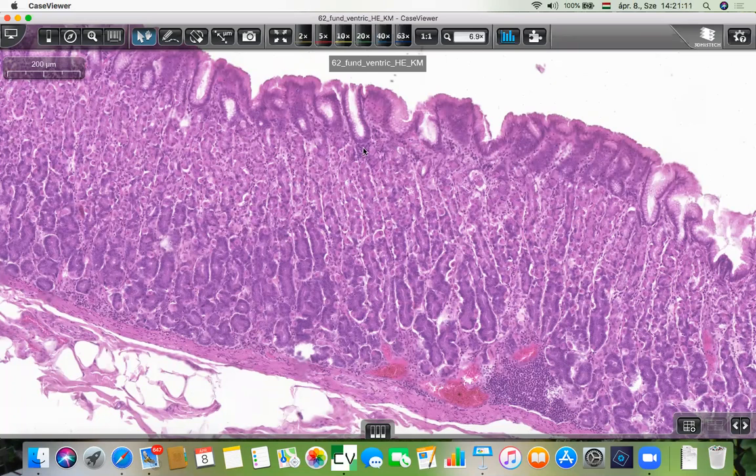The exact beginning after the funnel-shaped pit is called the isthmus, where the lumen of the gastric gland dramatically decreases. Then we find the neck region down, and then the basal part, or base of the gland. So: gastric pit, isthmus, neck region, and base.